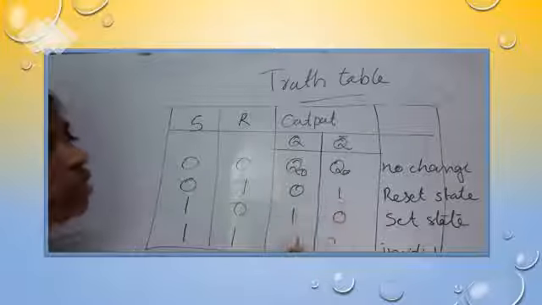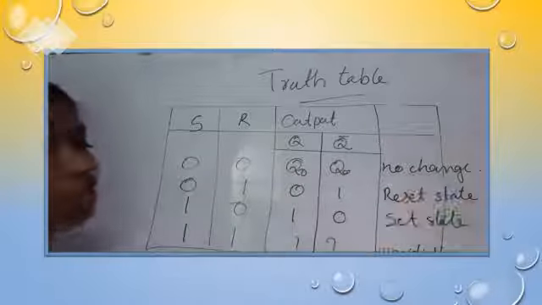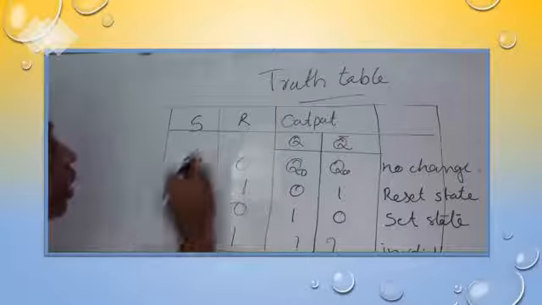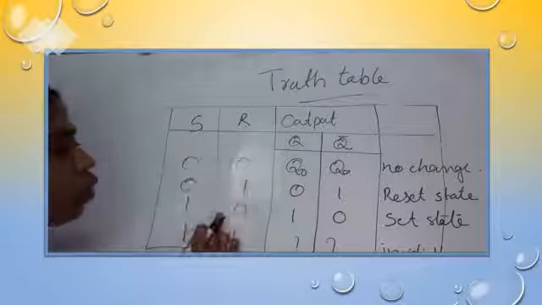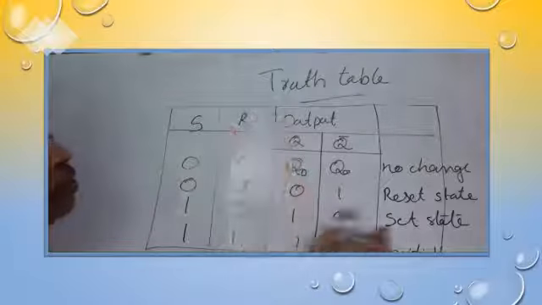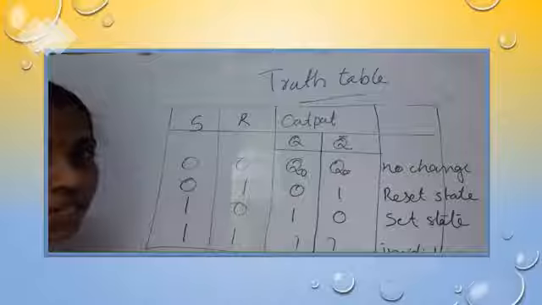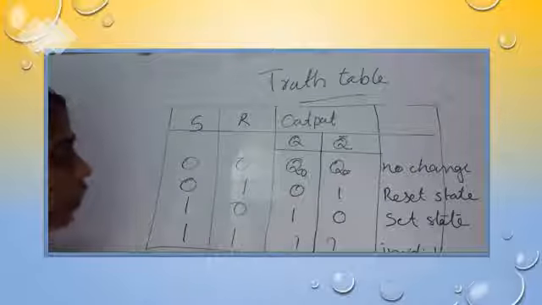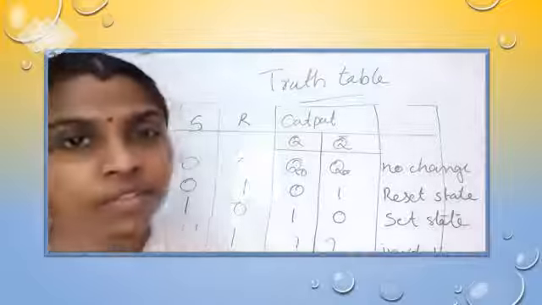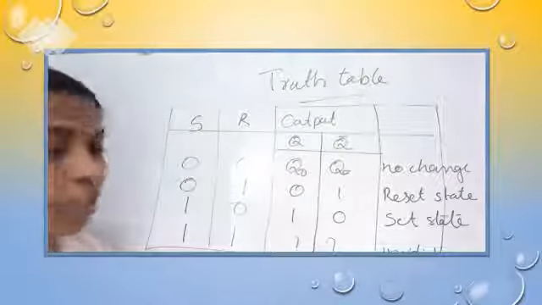Then we can say that the flip-flop is in reset state. Clear? If S equal to 1 and R is equal to 0, what will be the output? Q is equal to 1 and Q dash is equal to 0. Then we can say that the SR flip-flop is in set state. Clear? If it is 1, 1, we can say that it is in invalid state. We will not bother about this input. Okay?